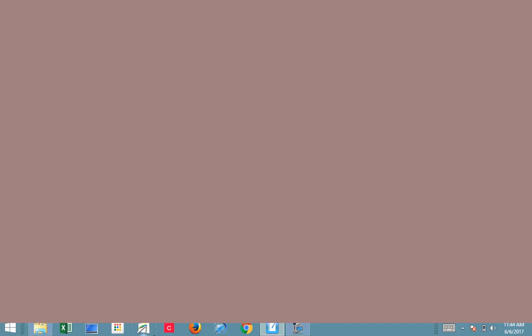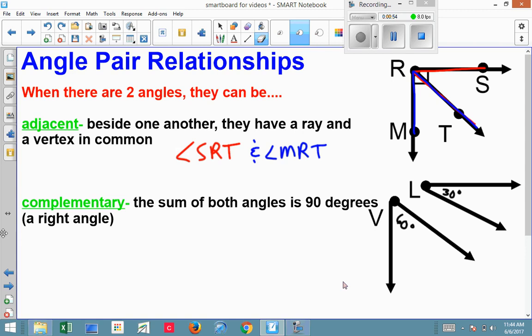The next term, complementary. So complementary means that the sum of both angles is 90 degrees, which is a right angle. Taking a look at this diagram, I see that the measure of angle L is 30 degrees. And I see that the measure of angle V is 60 degrees.